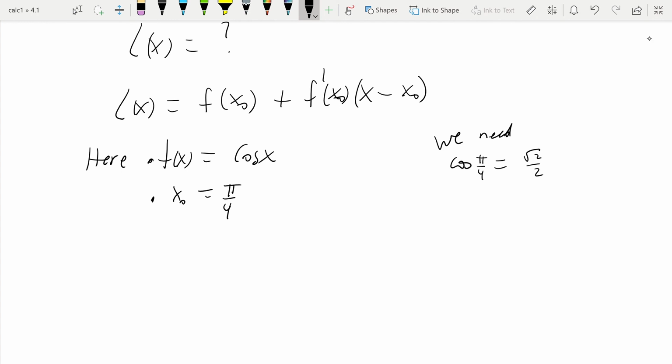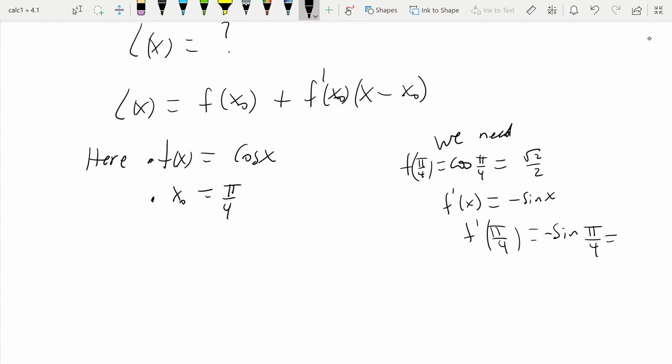And what is the derivative? So this is just f prime at pi over 4. Remember that f is cosine. What is f prime of x in general? It is minus sine of x. So f prime at pi over 4 will be minus sine at pi over 4.